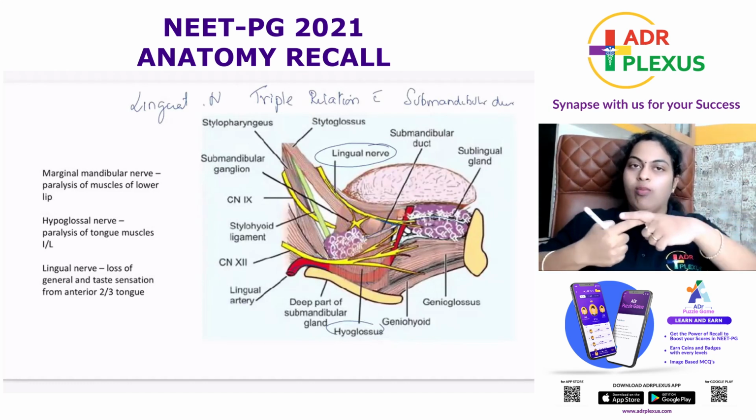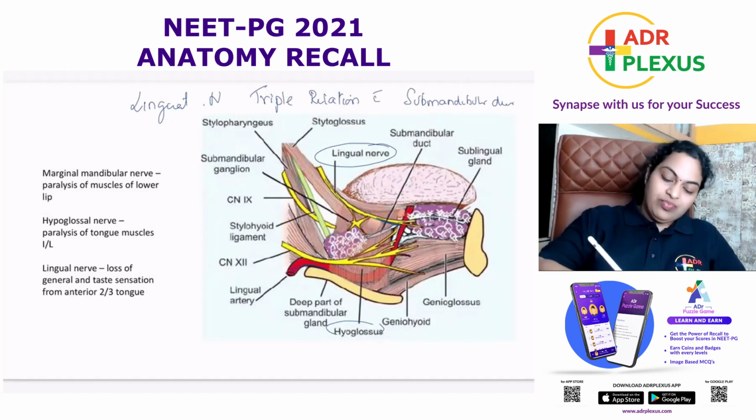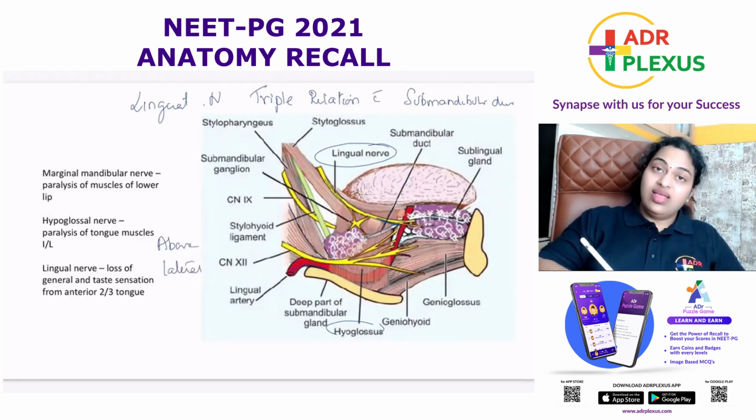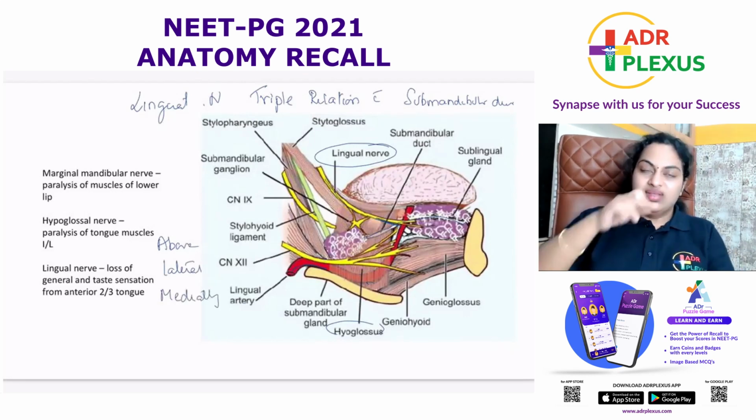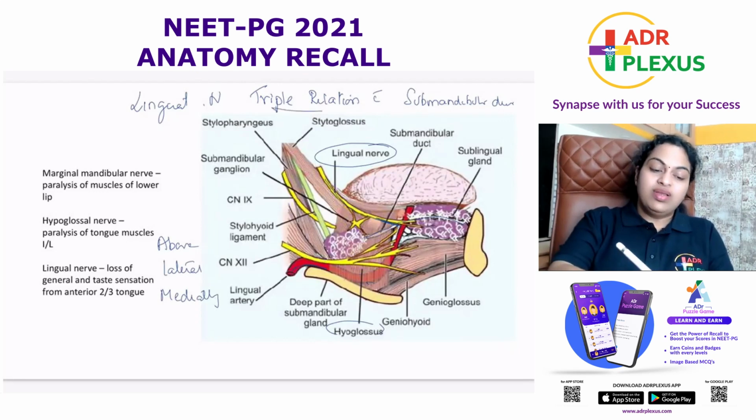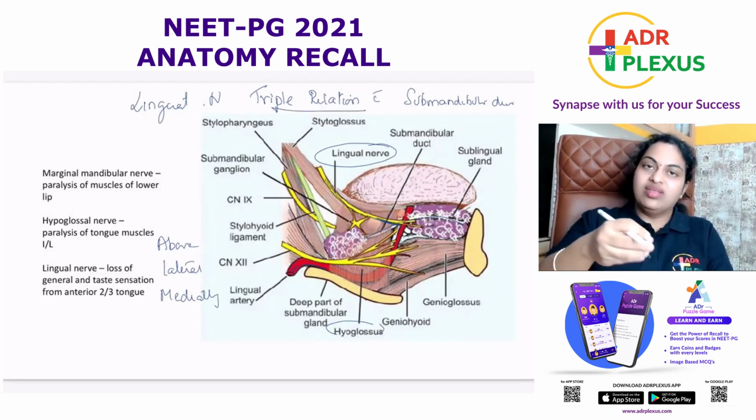It goes below the lower border and ascends medially. So above, lateral, and then medial. This is the triple relation of the lingual nerve to the duct. So there is big difficulty while separating the nerve and the duct, and it has a higher chance of getting injured.